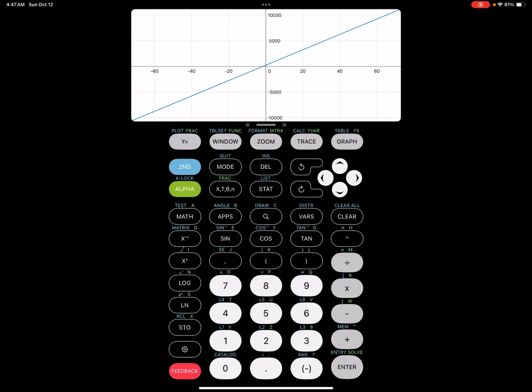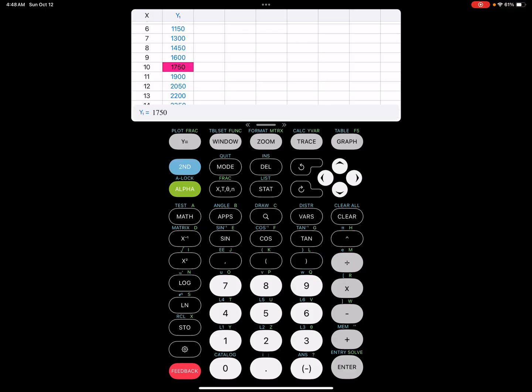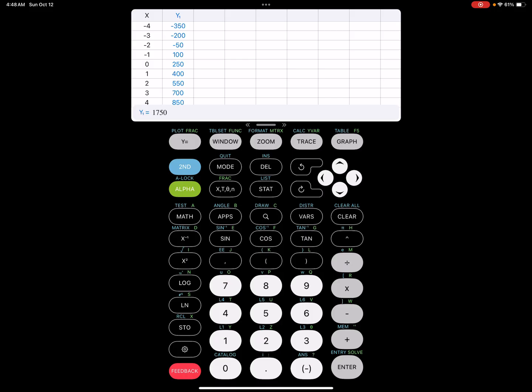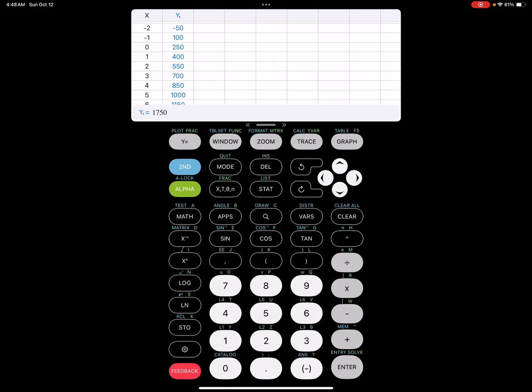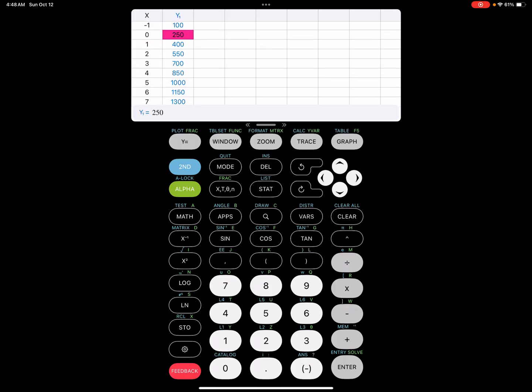So what I'm going to do is press second graph and bring up my table of values, and I'm going to write down a couple points. The first one I'll do is 0, 250. And then the other one I can do is maybe 5 and 1,000.